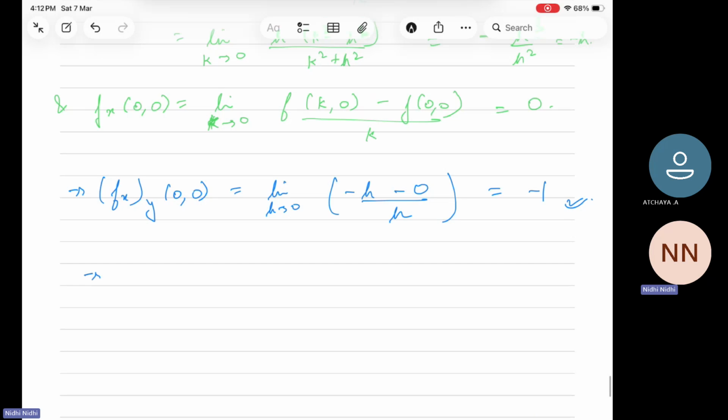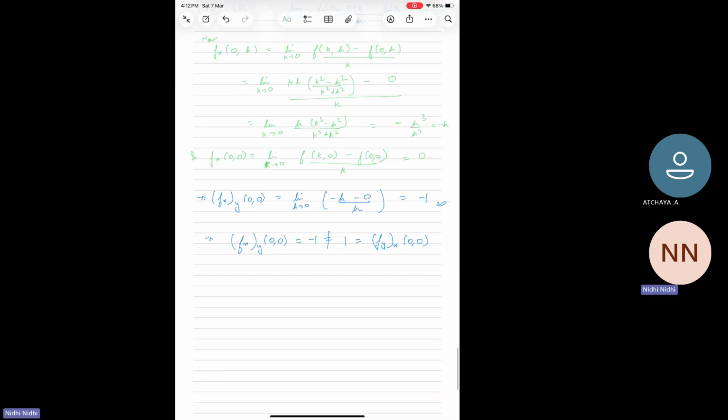So this implies fxy at 0, 0, which is minus 1, is not equal to 1, where 1 was equal to fyx at 0, 0.